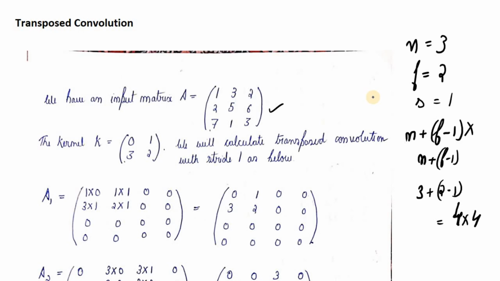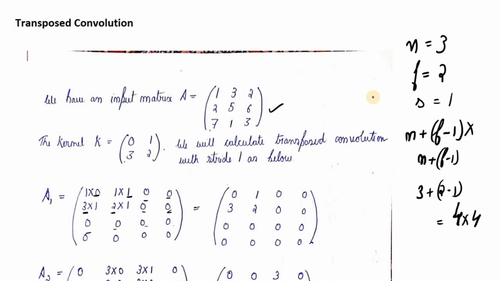So this is what we do. First of all, we initialize a matrix A with all values equal to 0. Then we take the kernel as it is and write it over here: 0, 1, 2, 3. So all 4 values of the kernel I write.